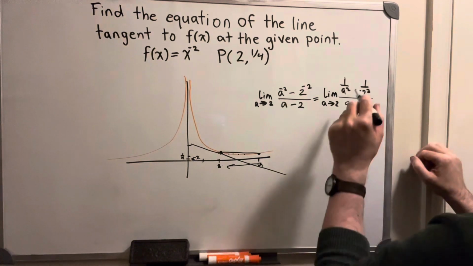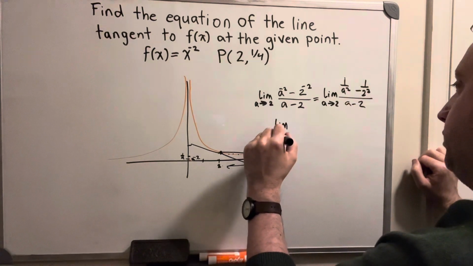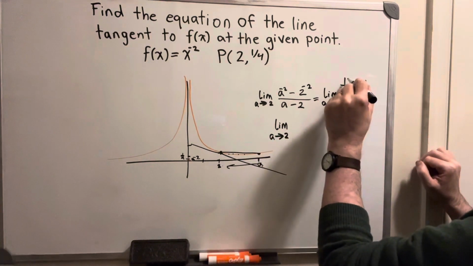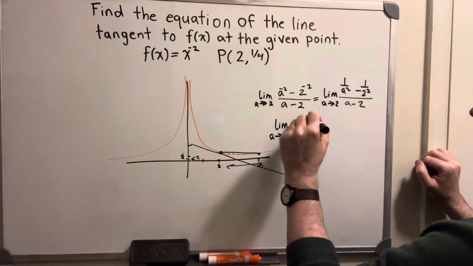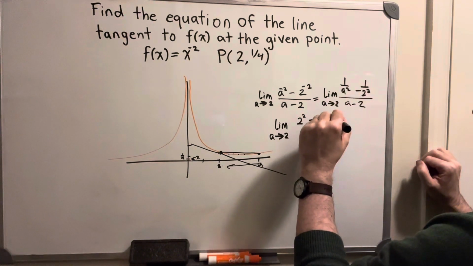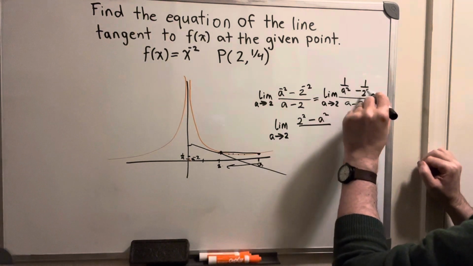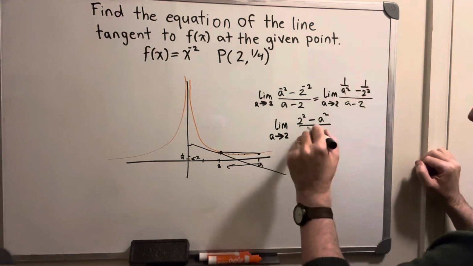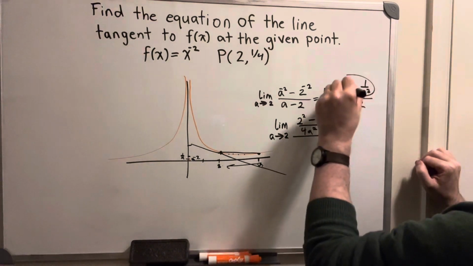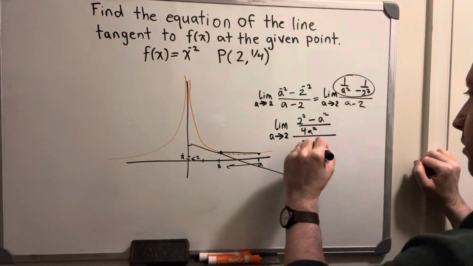Yes? Now we can combine these fractions. The limit as a approaches 2. What do we have here? 2 squared minus a squared over, what's a squared times 2 squared? It's 4a squared. And in the denominator is a minus 2.